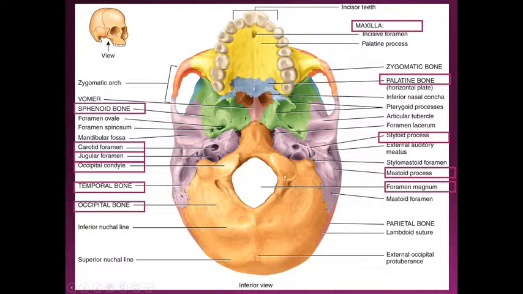These are rounded processes, and they articulate with the superior articulating facets of C1. Now here we have the foramen magnum, which is a big hole, and that's what the name means, foramen, hole, magnum, big. All right. And so we see the spinal cord passing through the foramen magnum and entering the vertebral canal. And the superior articulating facets of C1, they articulate with, yes, the occipital condyles of the occipital bone.